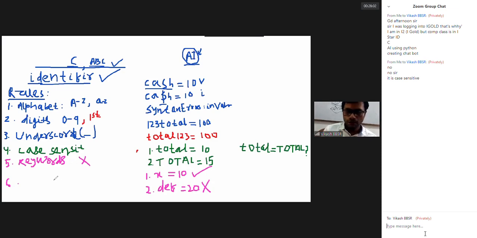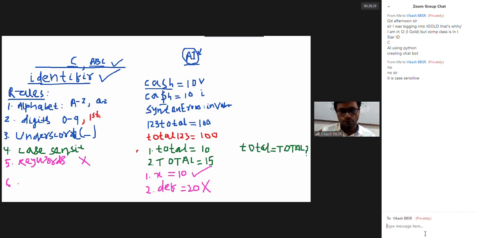How many characters can an identifier take? Maximum, how many characters are required to make an identifier?